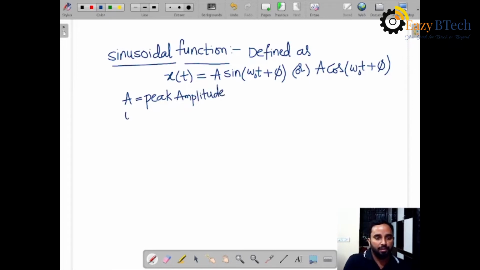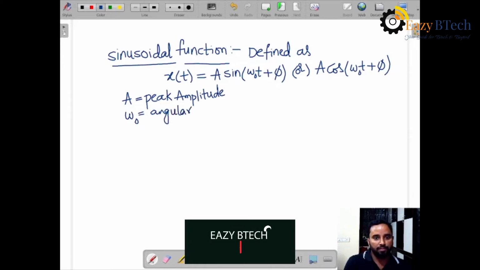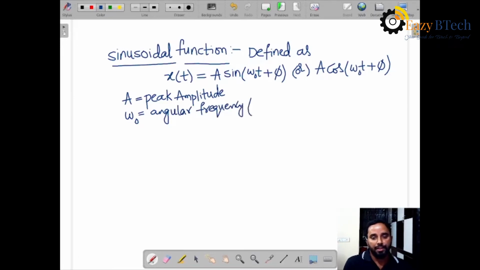And omega naught is angular frequency. Units radian per second. And this omega naught we can also write 2 pi into f.